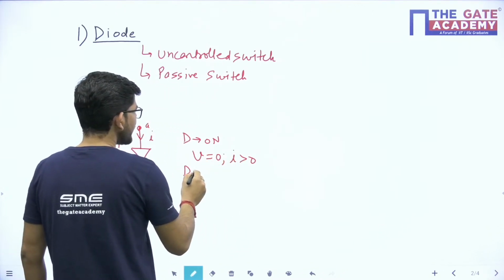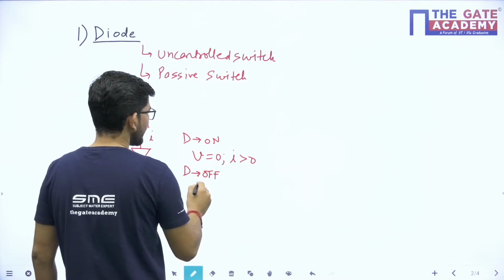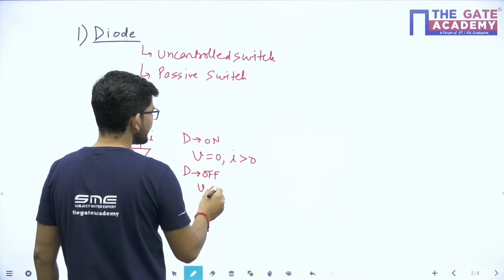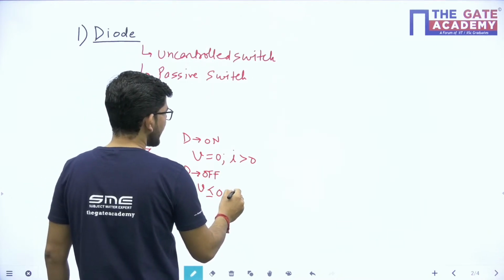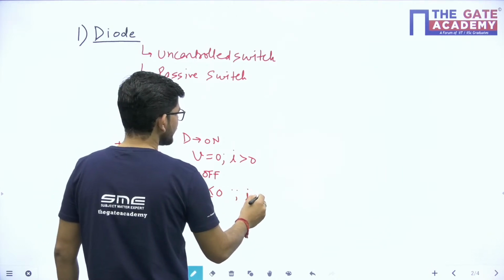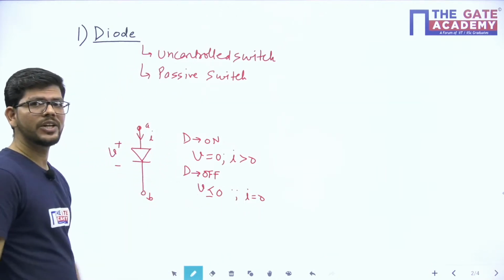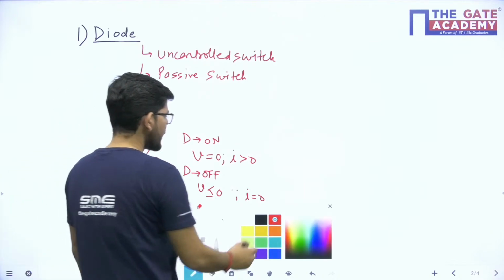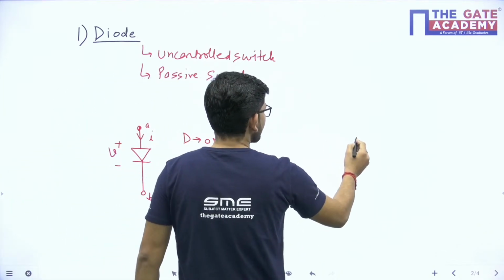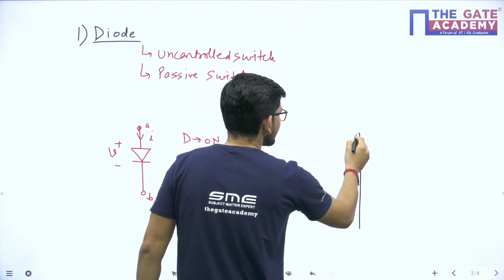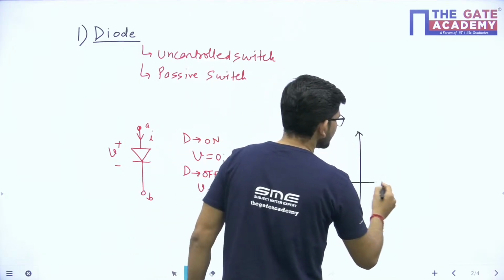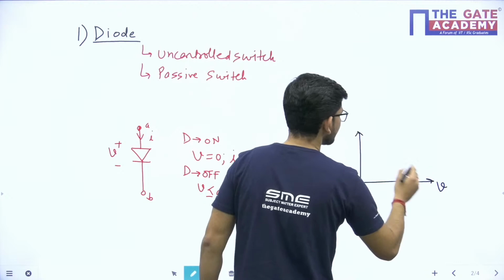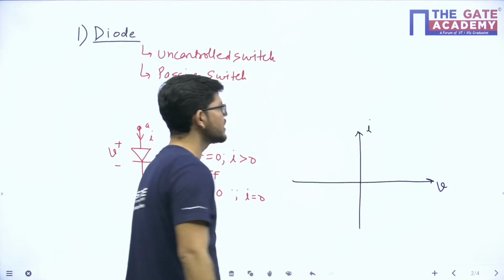Now when the diode is off, the voltage has to be less than 0 and the current I will be equal to 0. So these are the conditions during which the diode will get turned on and off. If I draw the VI characteristic, or realize the switch in the quadrants, how will this particular switch be realized? Suppose this is the voltage V and this is the current I.